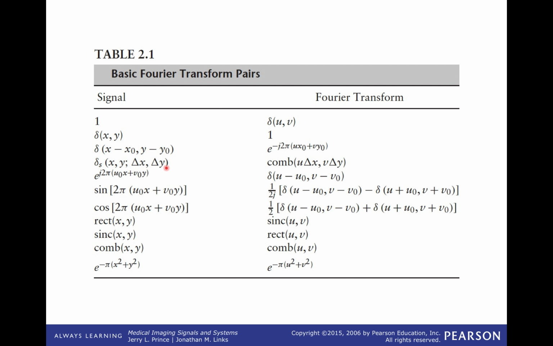The comb function is, remember, a set of delta functions in the plane that are separated by delta x and delta y. So it's a set of those delta functions. When you take the Fourier transform of that set of delta functions, you get in the Fourier space another comb function. Okay? And it turns out that it's just scaled by the separation here inversely.